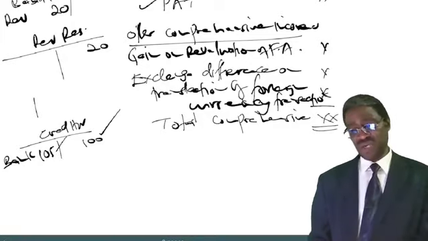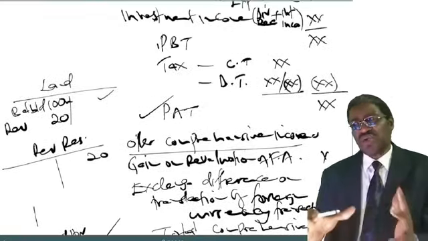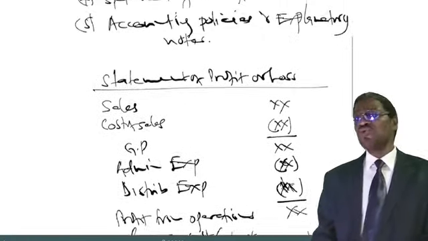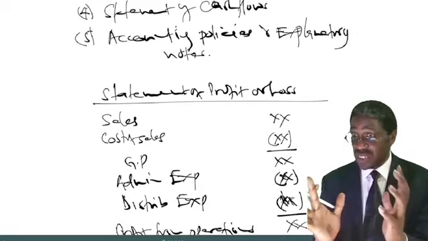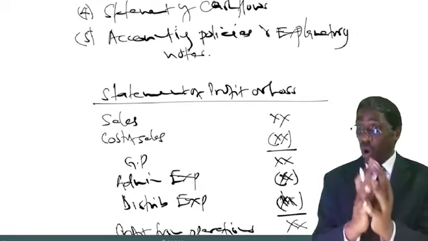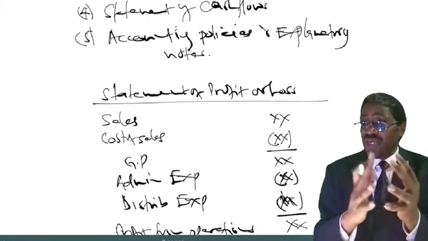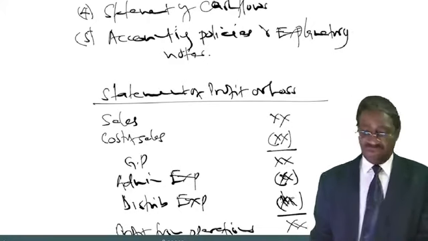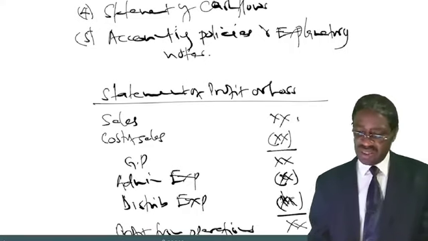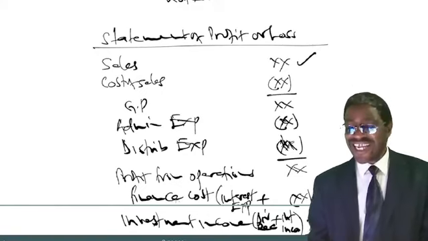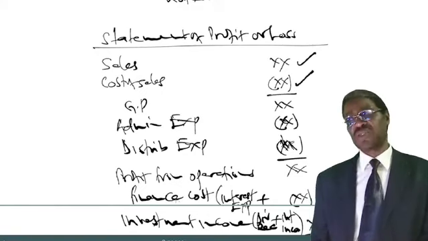Good. Now listen. So in general now, you know the format of a statement of profit or loss, or what you could call an income statement for publication purposes. You have said, pick the sales, whatever the question will give you, calculate the cost of sales somewhere.